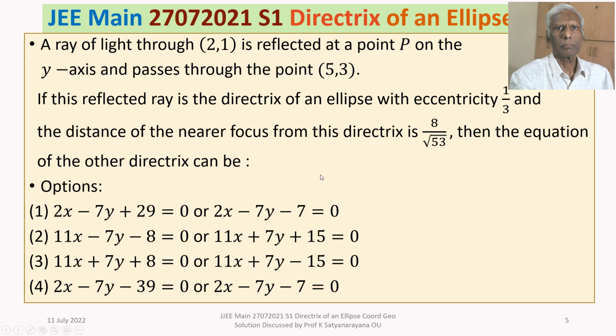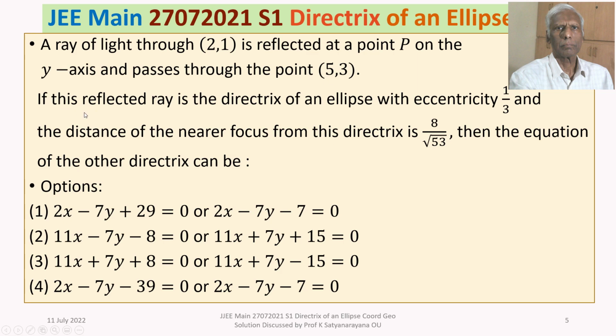We are given that this ray of light through the point (2, 1) is reflected at a point P on the y-axis and the reflected ray passes through the point (5, 3).